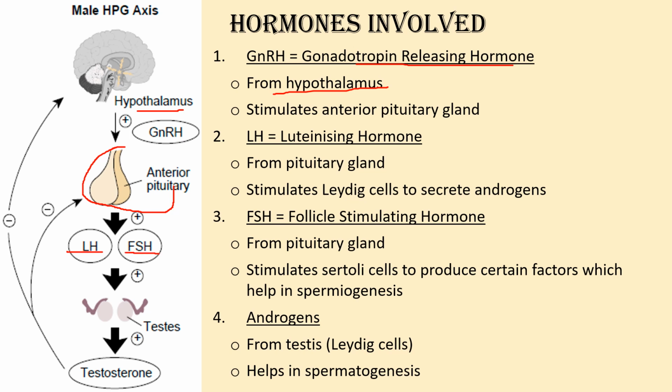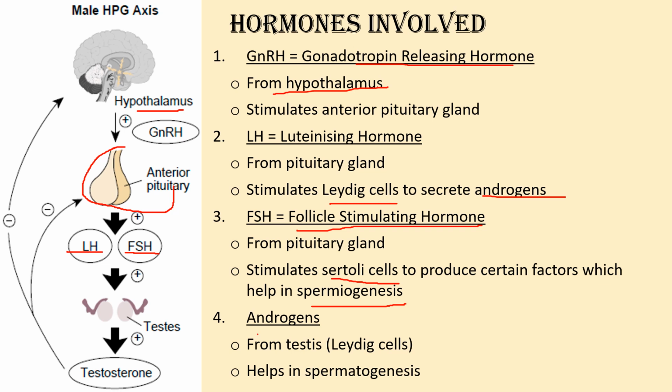LH is luteinizing hormone which stimulates Leydig cells to secrete androgens, and FSH is follicle stimulating hormone that stimulates Sertoli cells to produce certain factors that help in transformation of spermatids into spermatozoa, that is spermiogenesis.